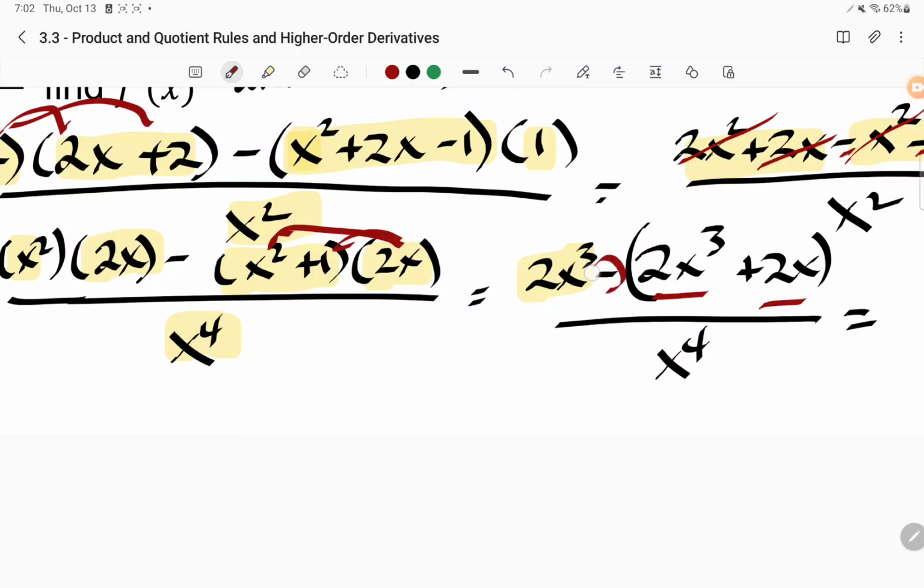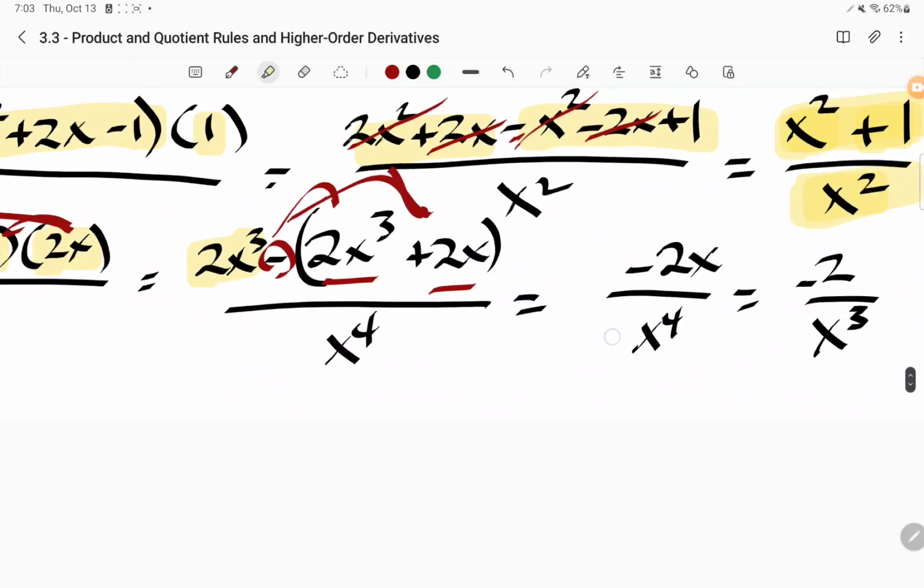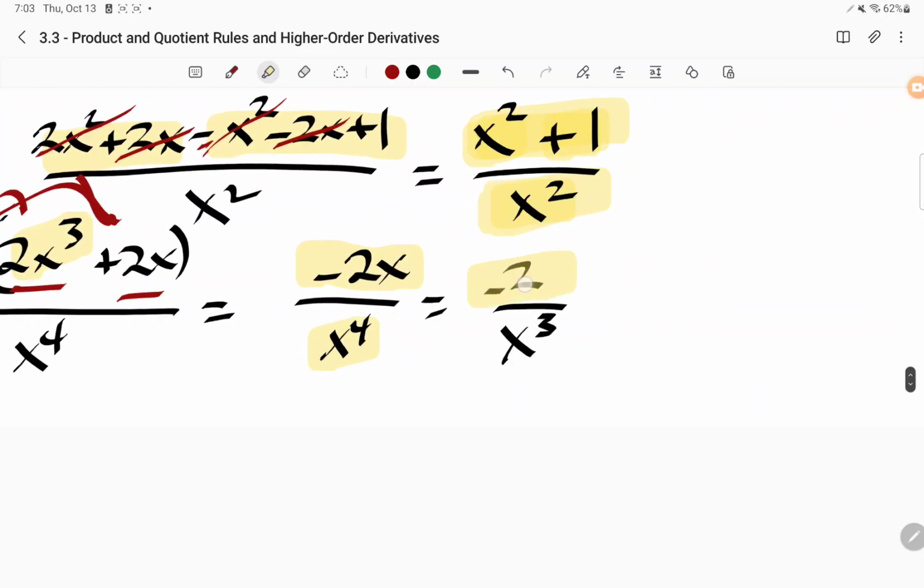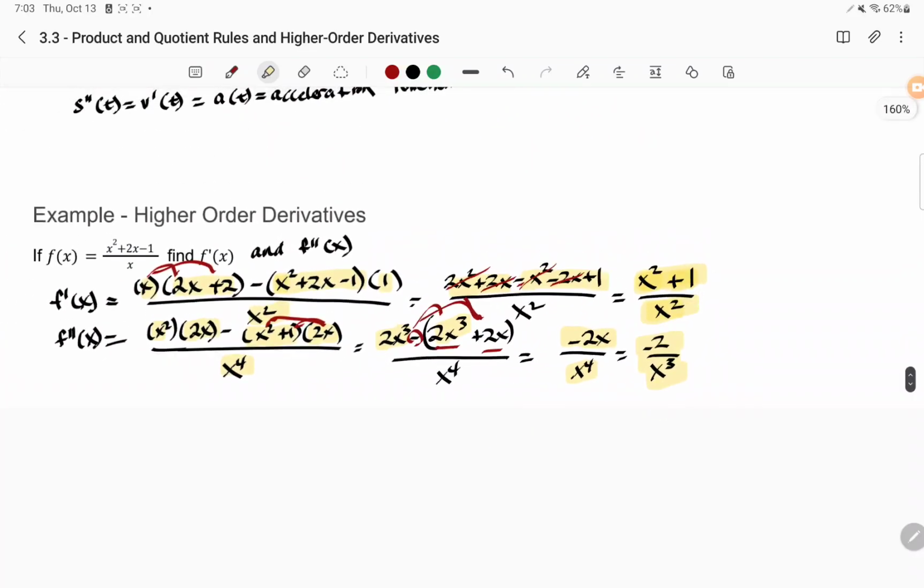And then when you distribute this negative into the parentheses there, you end up with 2x to the third minus 2x to the third, which they cancel each other out, then minus 2x, all over x to the fourth. Take an x out of each of those, so you get negative 2 all over x to the third, and that is our second derivative.